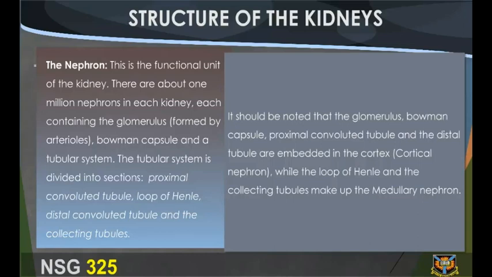It should be noted that the glomerulus, Bowman capsule, proximal convoluted tubule, and the distal tubule are embedded in the cortex, cortical nephron, while the loop of Henle and the collecting tubules make up the medullary nephron.